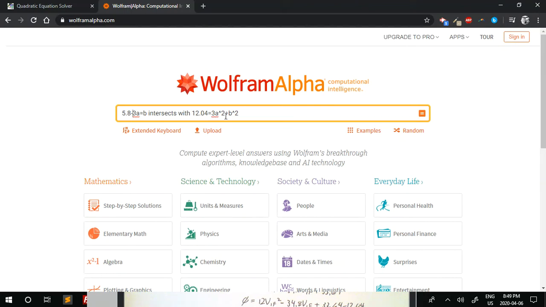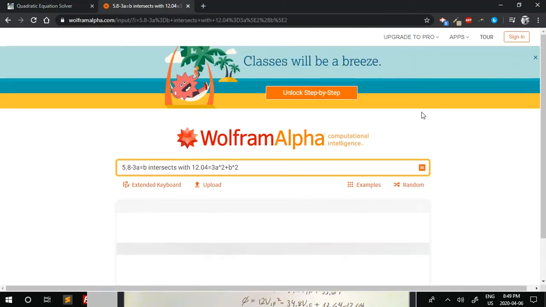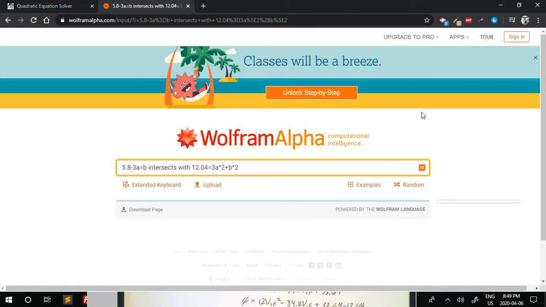That's my linear term. That's my ellipse. Hit equals. Hopefully I typed it all in correctly.